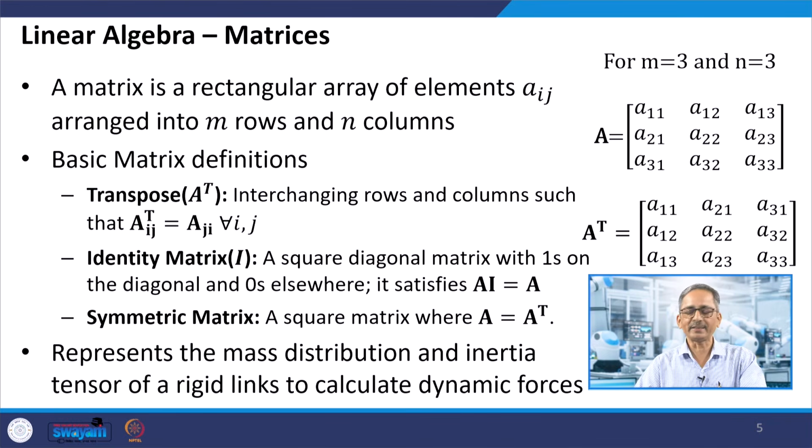A matrix is a rectangular array of elements arranged into m rows and n columns, and if m and n are 3, I can write the matrix like this. Here this is the first row, second row, third row, and these are the first column, second column, third column, and accordingly we put the subscripts on the elements: first row first column, second row first column, second row second column, like that.